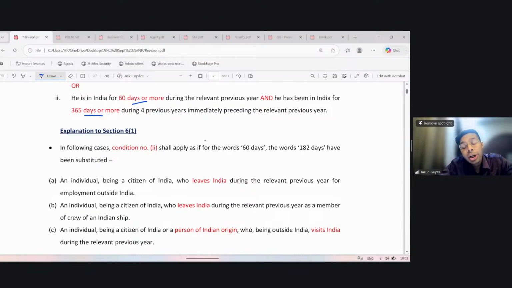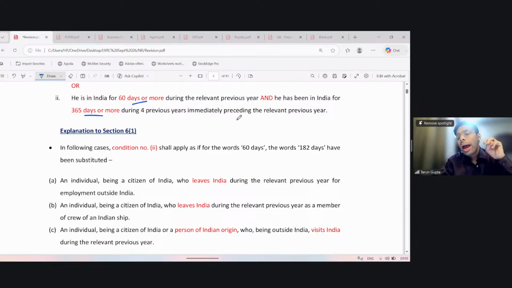However, condition number two, 60 plus 365 days, is not applicable in respect of three categories of persons. First, an Indian citizen who leaves India during the relevant previous year for employment outside India. Second, an Indian citizen who leaves India during the relevant previous year as a member of crew of an Indian ship.